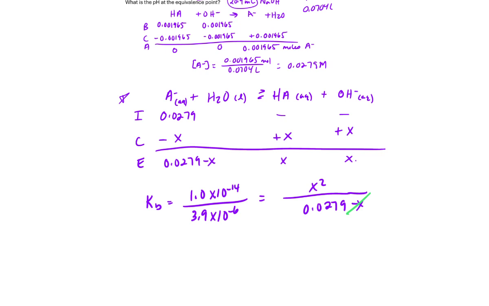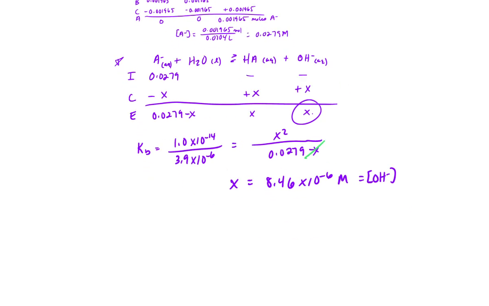And when we finally calculate x, we get x is equal to 8.46 times 10 to the minus 6 moles per liter. From our ICE table, we know that this is equal to the OH minus concentration. If we take minus the log of 8.46 times 10 to the minus 6, we will get 5.07.